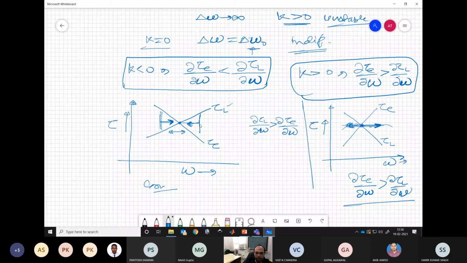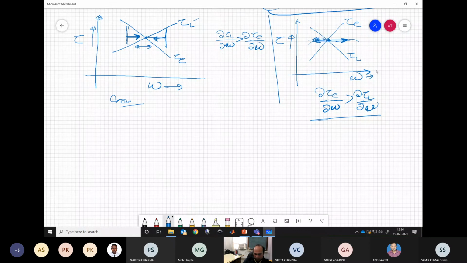Physically also we can interpret this. Let us say any system is there. You are feeding the electromagnetic torque to a system which has requirement tau L, and you are having the input as tau E. Now this is running at some omega.